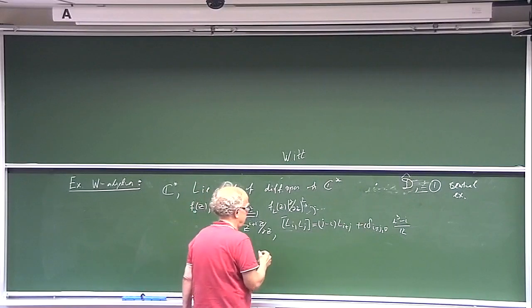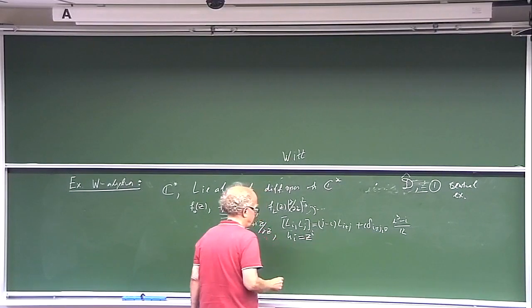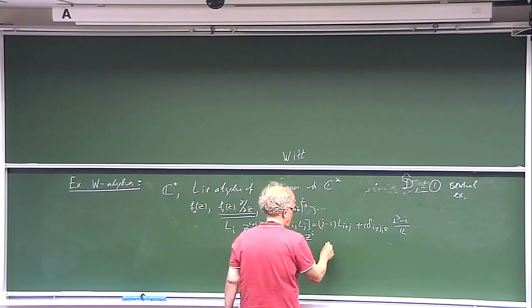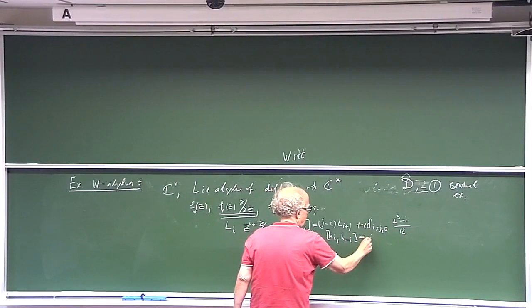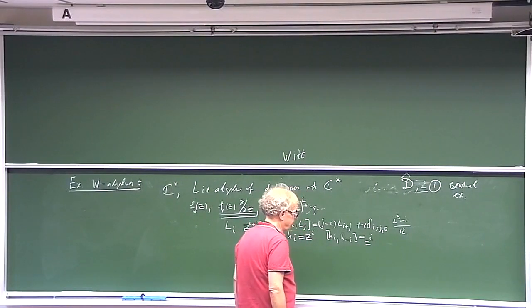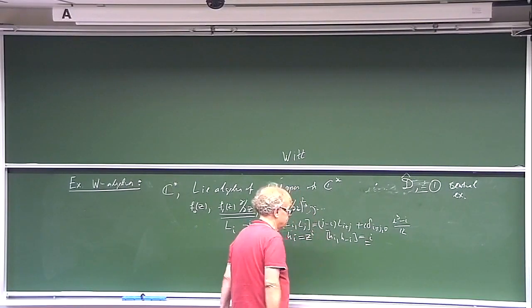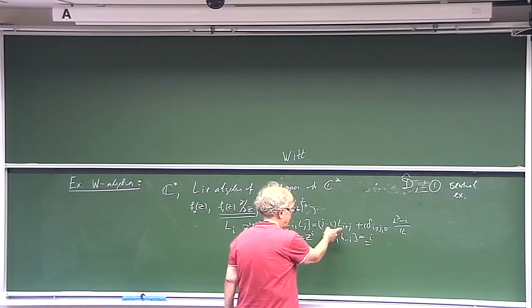It means that if H_i equals z^i, then [H_i, H_{-i}] will be equal to i, with possibly some coefficient, and all other H's commute. So this is Heisenberg, and this is Virasoro.